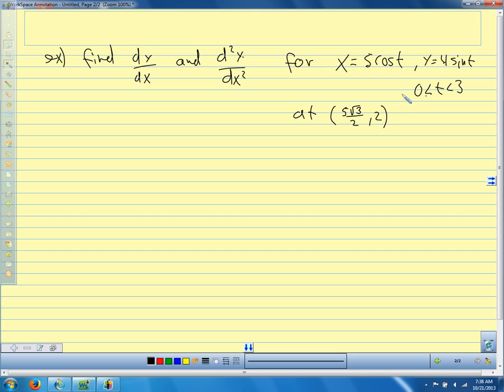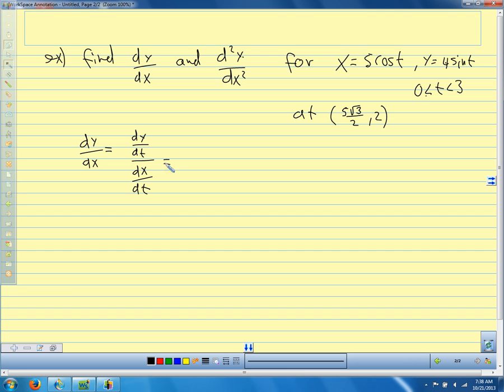So before we go on, thinking about what we did on Friday, what would the graph of this set of equations be? It would be an ellipse. So this is the parametric equations for an ellipse. All right, so let's find our derivative, dy/dx. dy/dx is just going to be dy/dt divided by dx/dt.